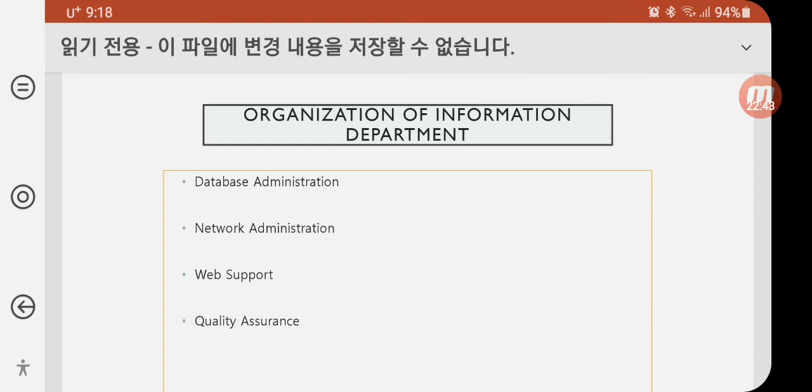Database administration involves data design, management, security, backup, and access systems. Network administration includes hardware and software maintenance, support, and security.